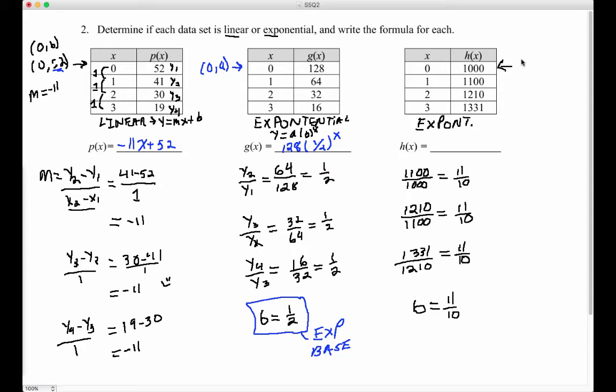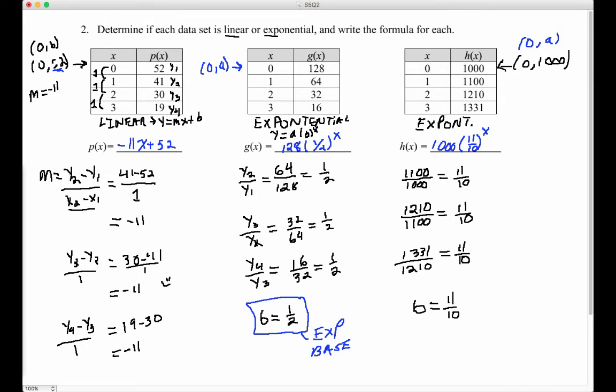We also see that our initial condition here is at 0, 1000. So we also know right away that that's going to be 0, a, where a is our initial condition. So h of x turns out to be equal to 1000 times the base of 11/10 raised to the x power.